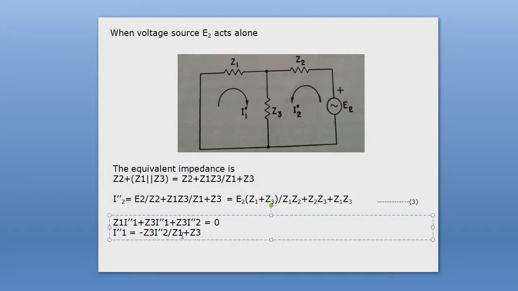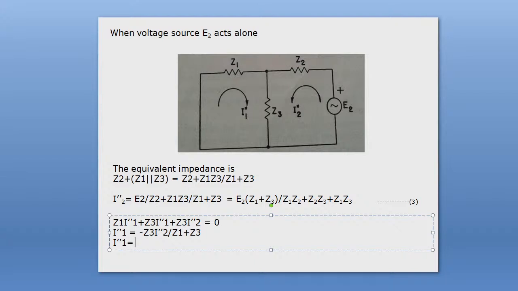Now you replace the expression of I2 double dash in this equation. You just simplify and put the value of I2 double dash.